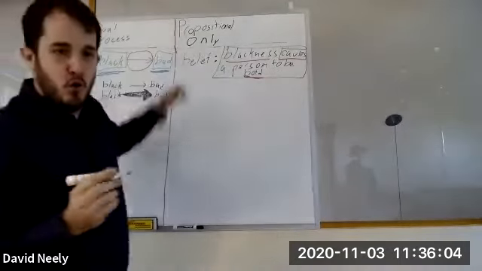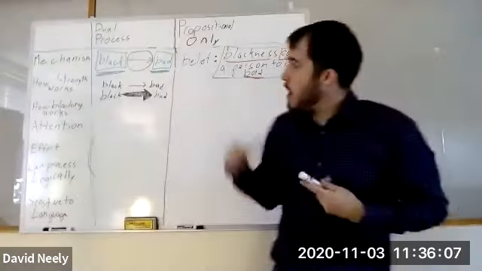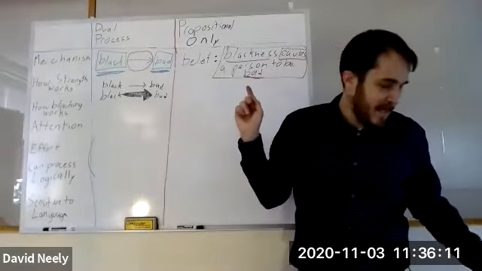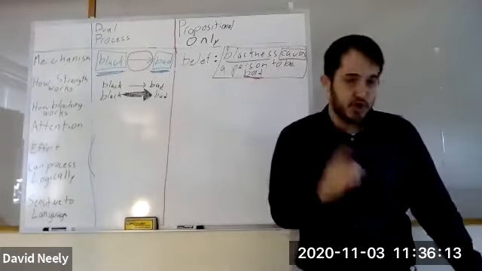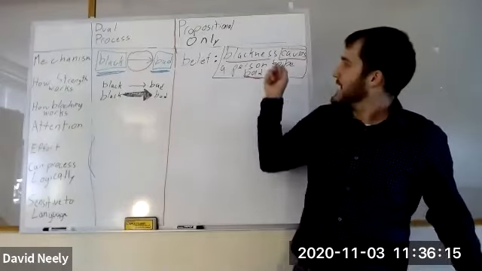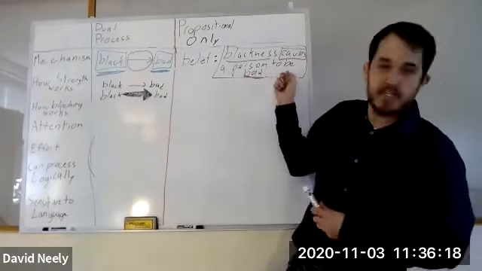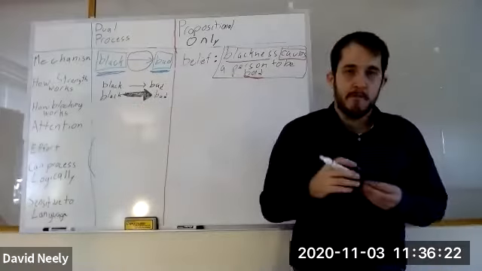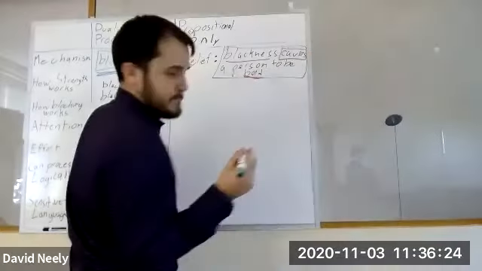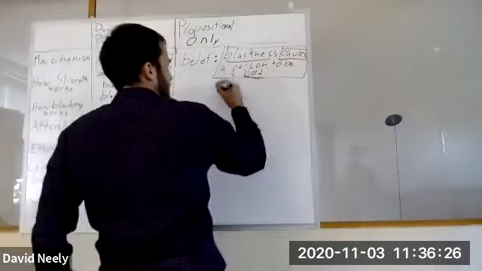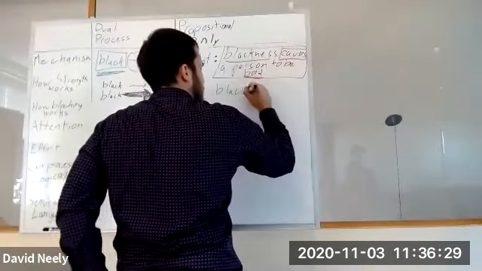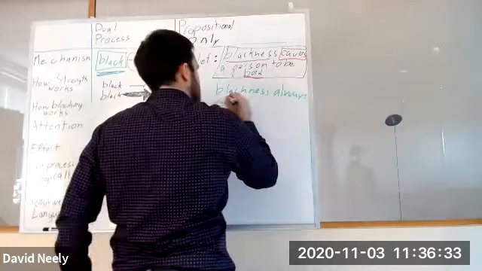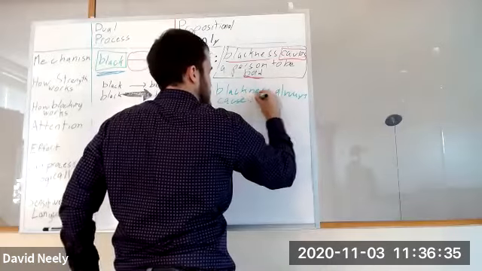For the propositional only view, you have to find some other explanation. The propositional only view can describe this in two ways. One is that you say the content of the belief is a little bit different. When somebody has a very strong implicit bias, it might be that they have the content blackness always causes badness.